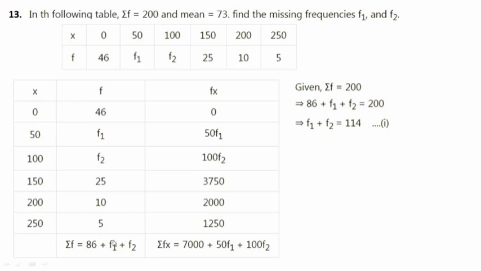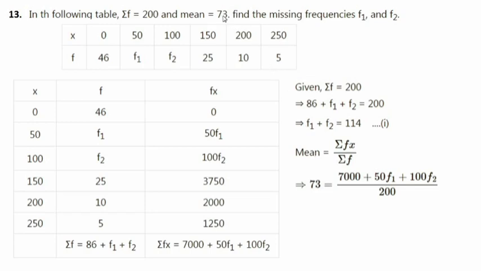Another thing given is the mean. Write the formula for mean, and in place of mean we have 73 because the mean is given to be 73. Now summation fx is this much, and summation f, as all of you know, is 200. So bring this 200 here, and 200 into 73 becomes 14,600, and you have this on the other side. Bring this 7,000 over there, and you get this much.